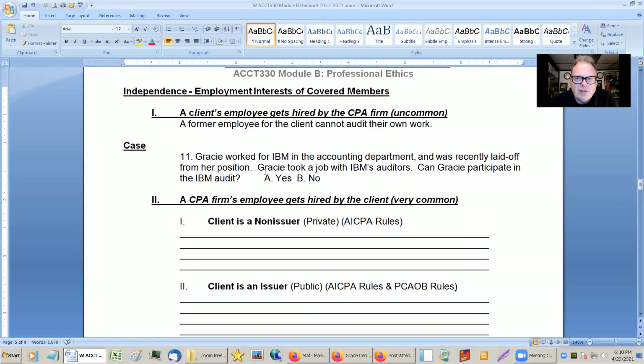And either blurt it out or put it in the chat. No one? Oh, come on.